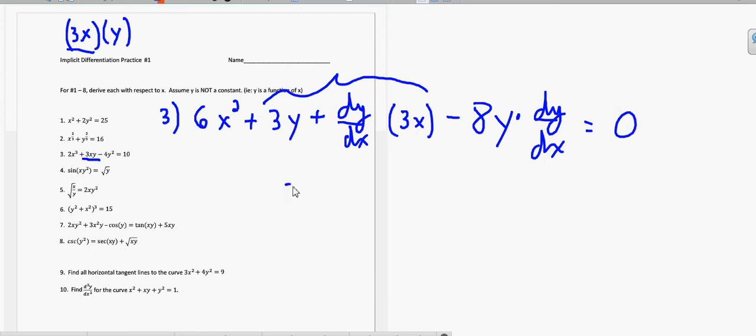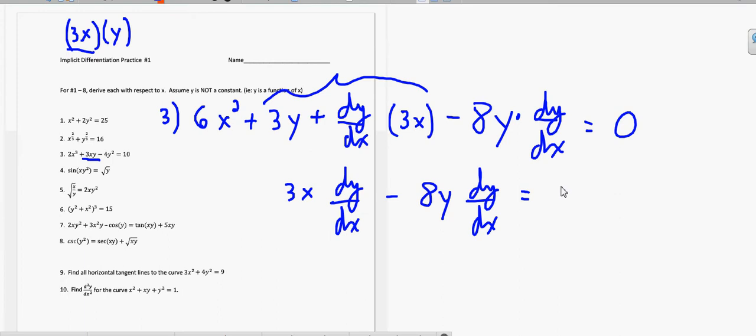So we're going to have 3x dy/dx minus 8y dy/dx equals negative 6x squared minus 3y. Now we're going to factor out dy/dx and divide by what's left.